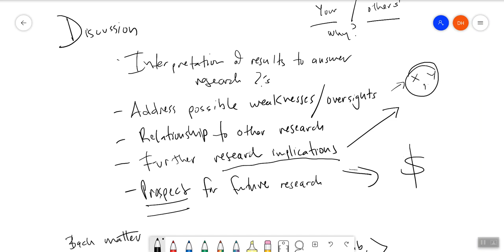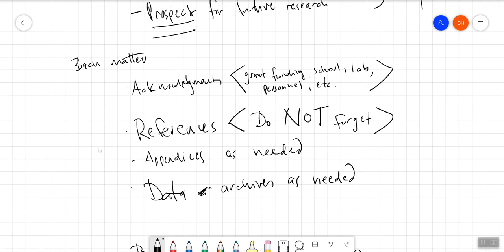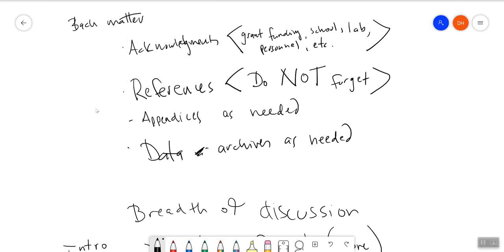So being able to say the research implications create a much higher prospect, or potential for future research, will be a determining factor in whether grant institutions give you money, okay? So these are all very important aspects of scientific paper structure and methods.